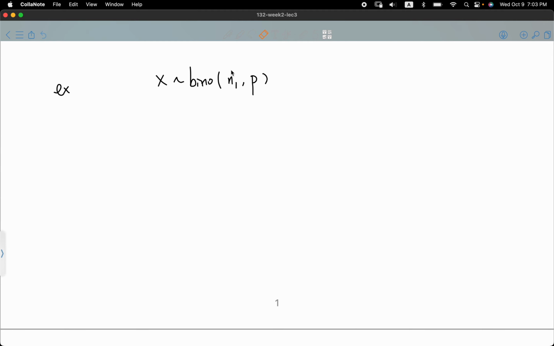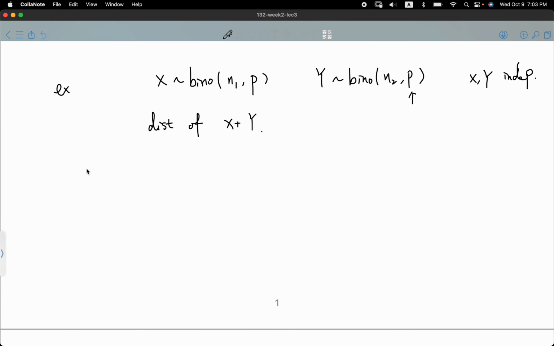Here we have X following a binomial with n1 tosses and probability of landing on head equal to p. And for Y, we also have a binomial distribution, but the parameter is n2, and it shares the same parameter p. And also we know that X and Y are independent. So the question is, what is the distribution of X plus Y?